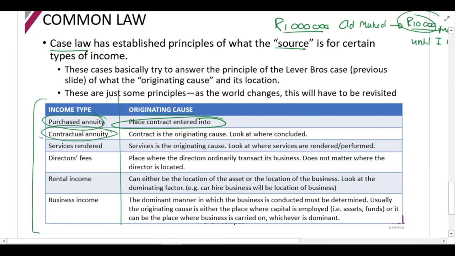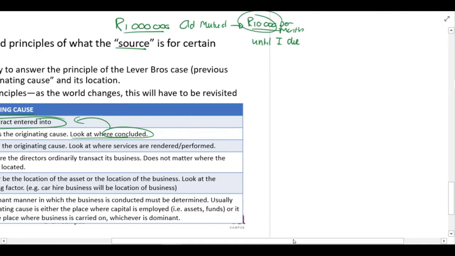Contractual annuity is pretty much the same thing. It's also where it was concluded, so where it was entered into. Services rendered. Let's say, for example, Mr. A is the marketing director for Coca-Cola worldwide.